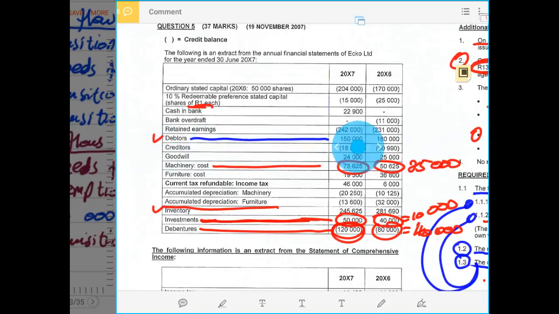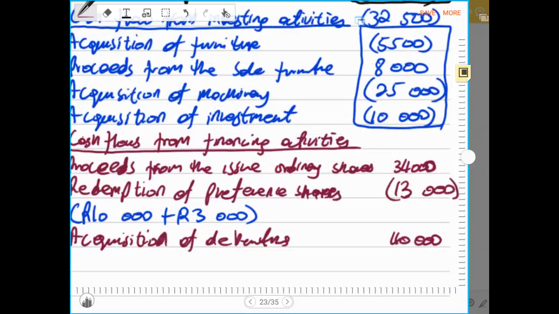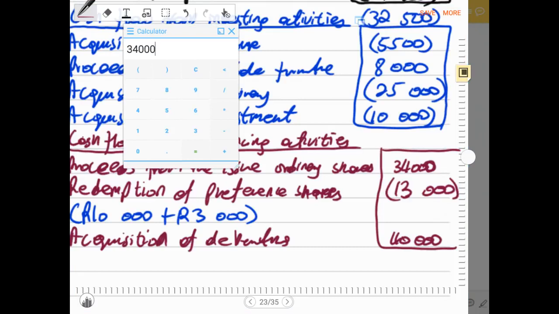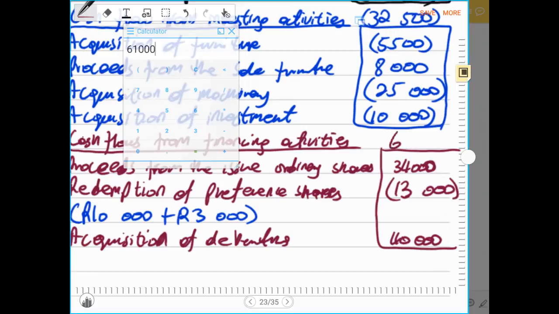And from here now we can calculate the total of the cash flow from financing activities. It will be 34,000 plus 40,000 minus 13,000. That will give us 61,000 rands positive.